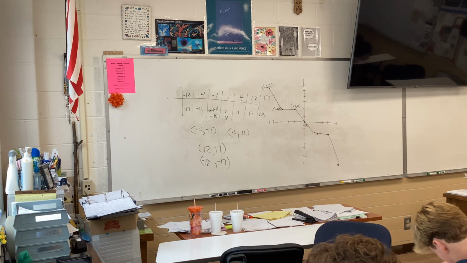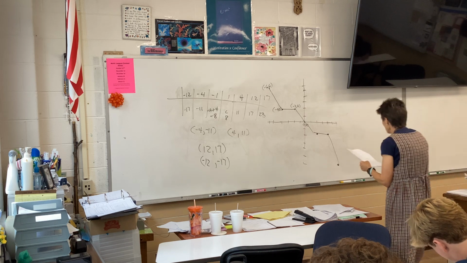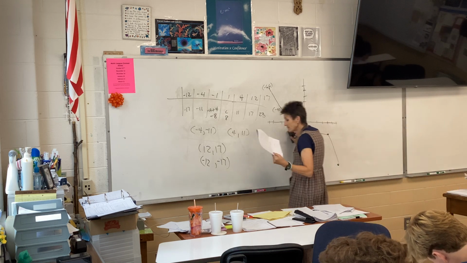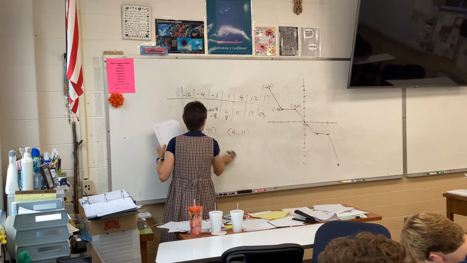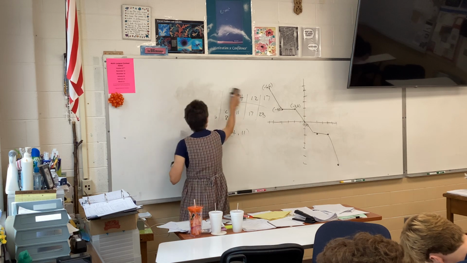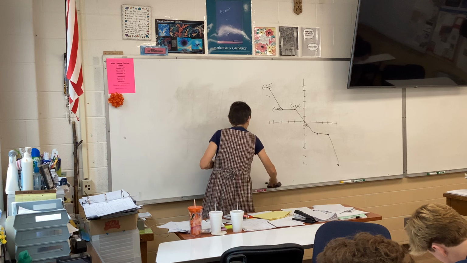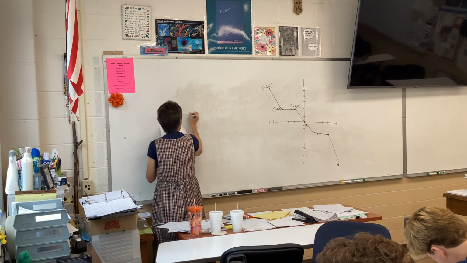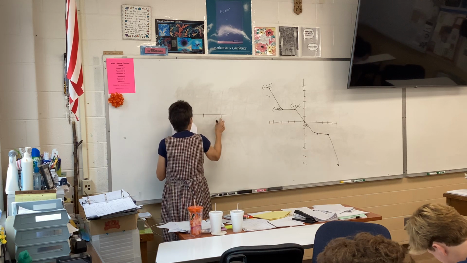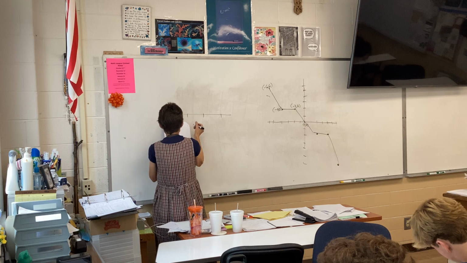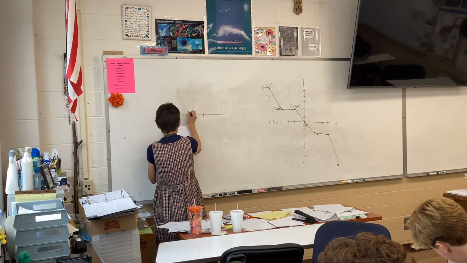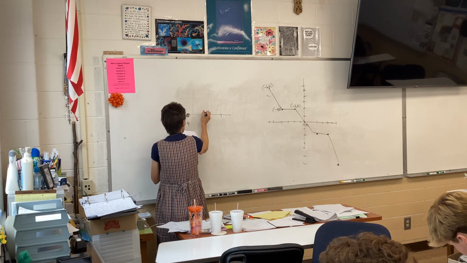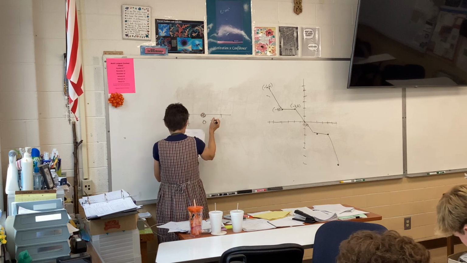11. Number 11 has some of the same logic, but let's go ahead and do that one. So where would my zeros be on my number line for problem 11? Negative 4, solid dot, 0, and 2.